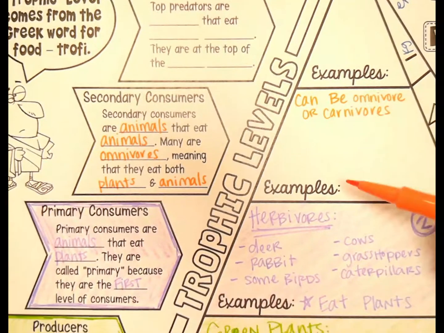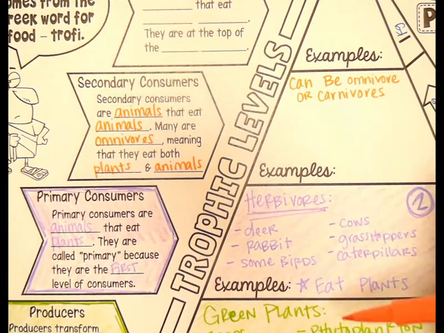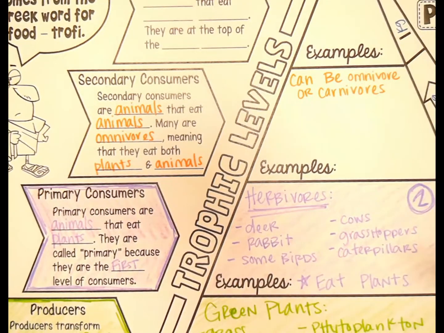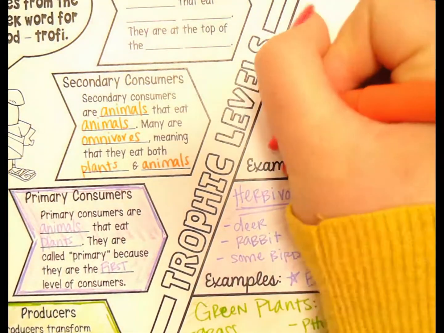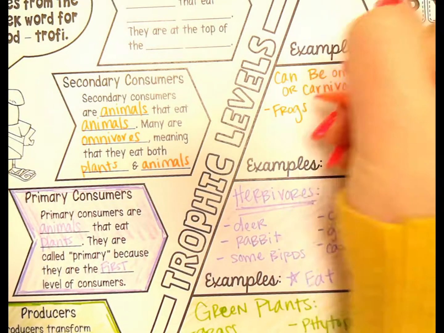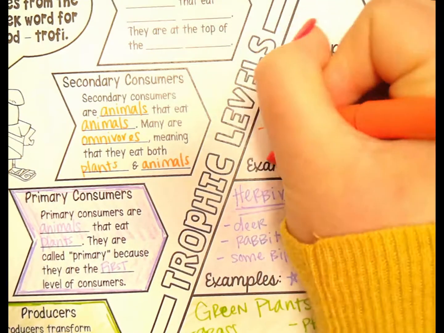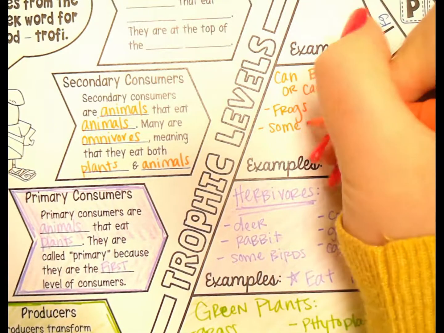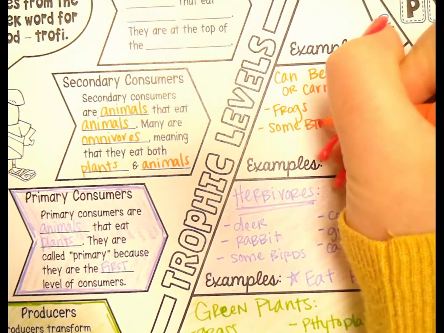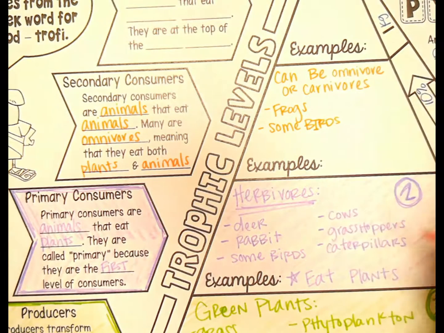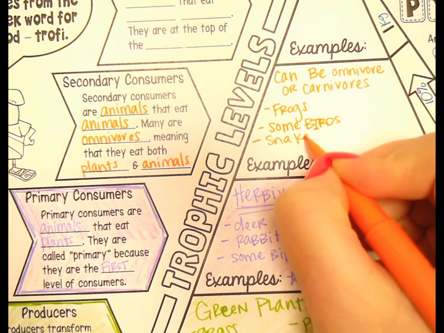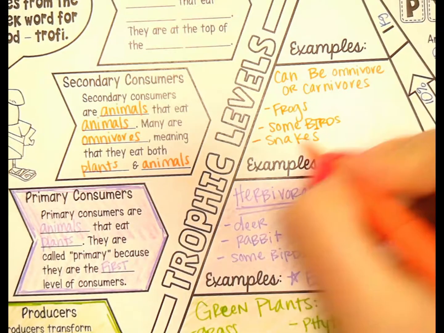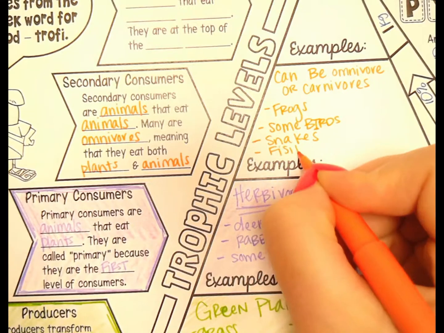And sometimes what's in this trophic level might be in this one, right? It just is always going to be the same? No, it's going to be based on the order in which organisms are consumed in a food chain or a food web. So these can be things like frogs, some birds, right? Like chickens, or insect-eating birds. These can be snakes, some types of fish, right?